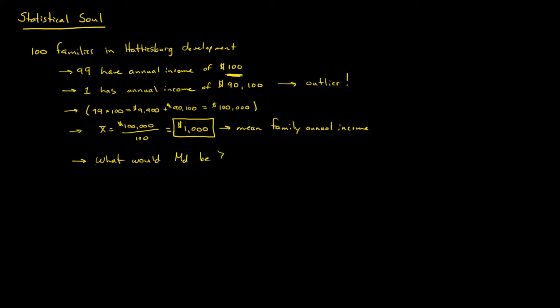Well, you would have 100, 100, 100, and so on, 99 times, and then the last value of 90,100, but the median value would be 100. So the median here is equal to 100. Now 100 is certainly much more representative of this distribution of scores than the 1,000 would be in terms of the mean. So what's the moral of the story? Sometimes the median might be a better representation of the data. Sometimes the mean might be a better representation.